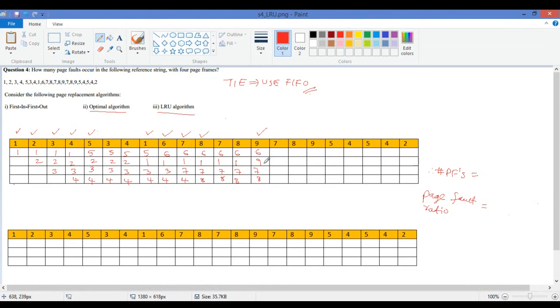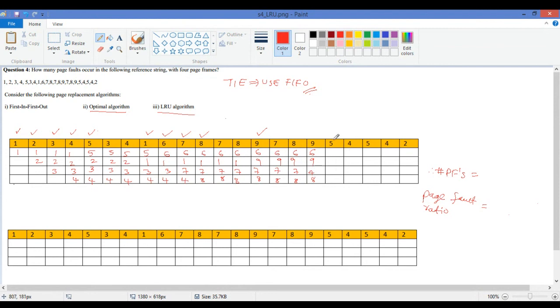Again, 7 is there, 8 is also there, 9 is also there. Okay, so there is no page fault up to the next 3 page references. So I just repeat this 3 times, because there is no page fault here: 7, 7, 7, and 8, 8, 8.